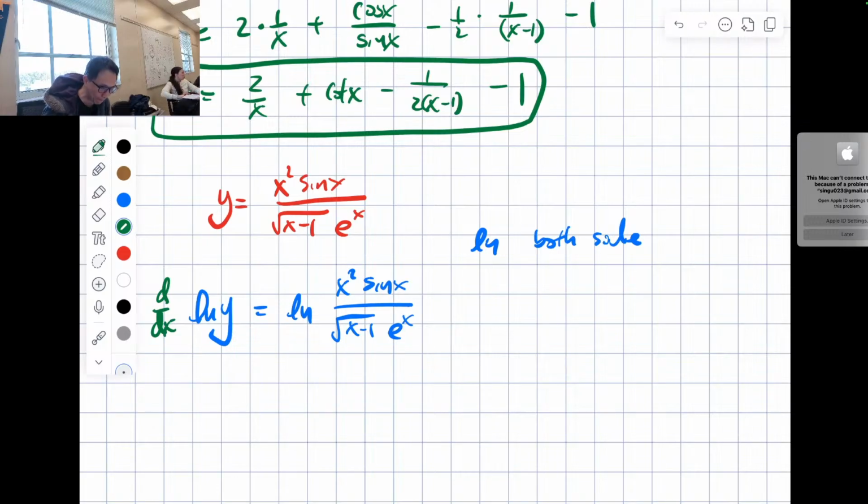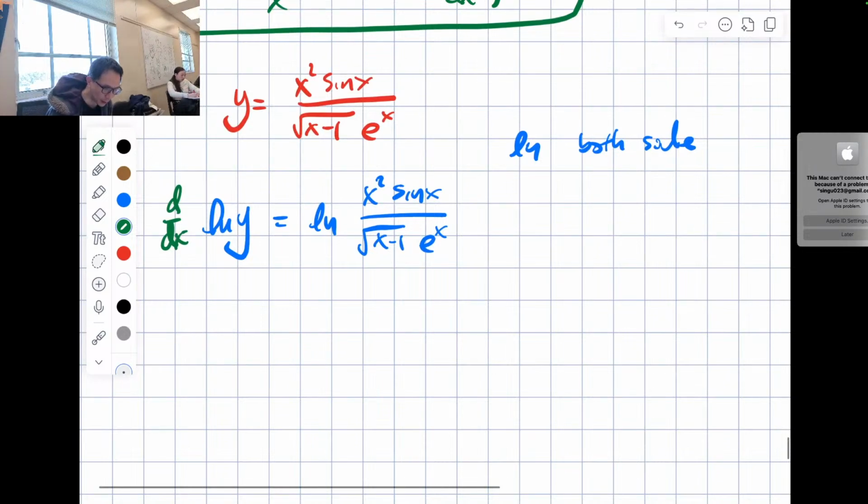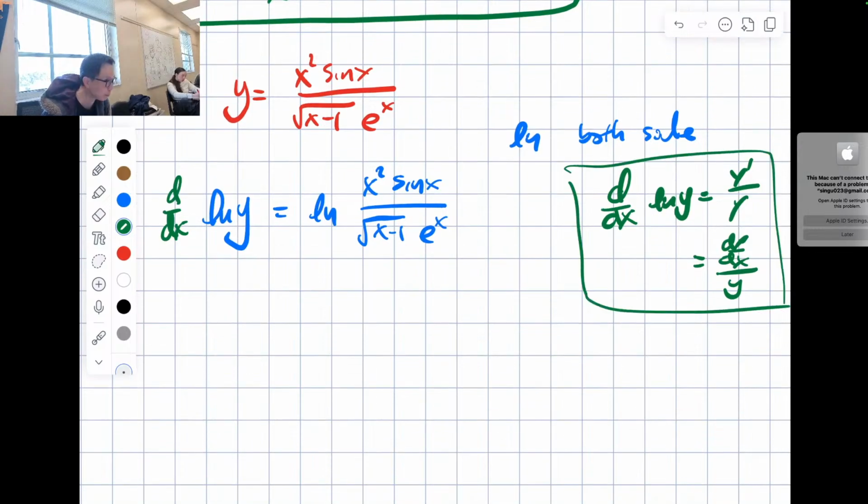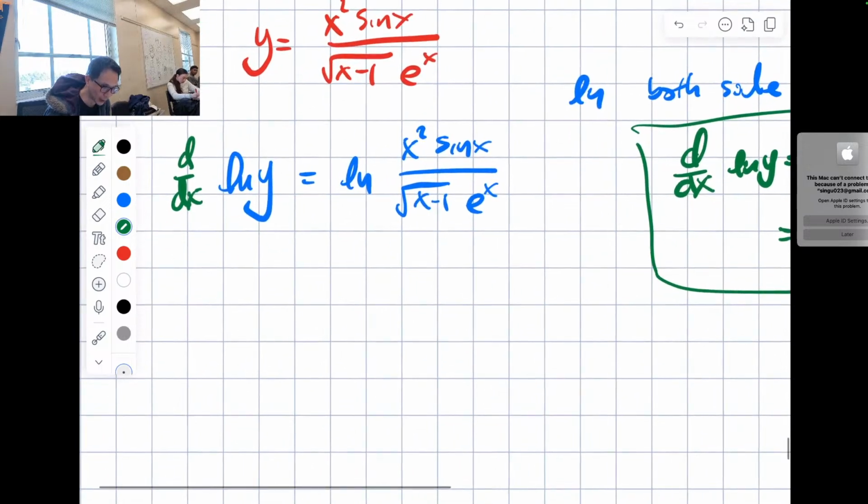So d/dx of natural log of y is going to be y prime over y, or dy/dx over y. Understand that, because this is the key thing that's different. You're not taking the derivative with respect to x, you're taking the derivative with respect to y. So there's a chain rule involved. Good job, Alex.